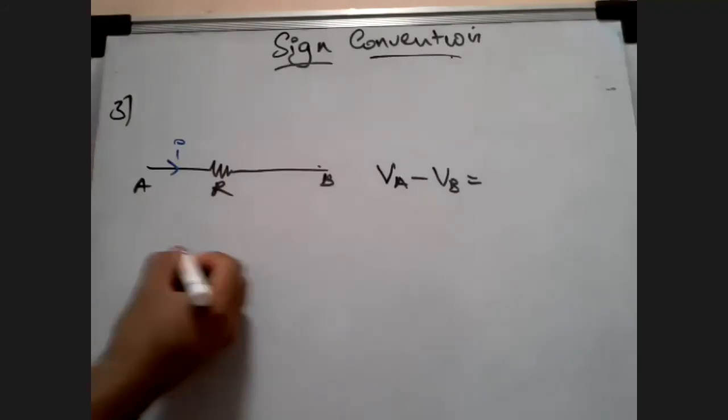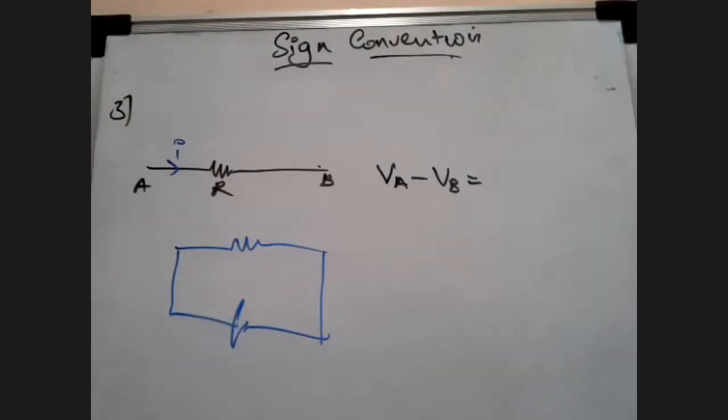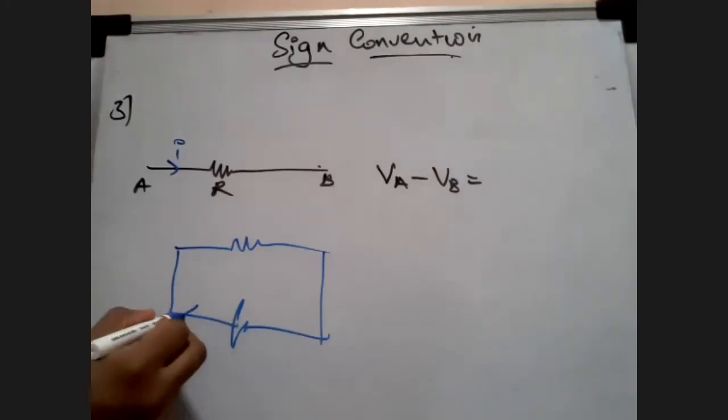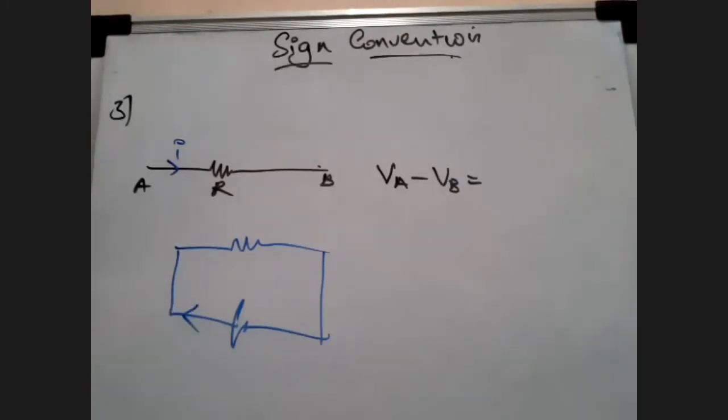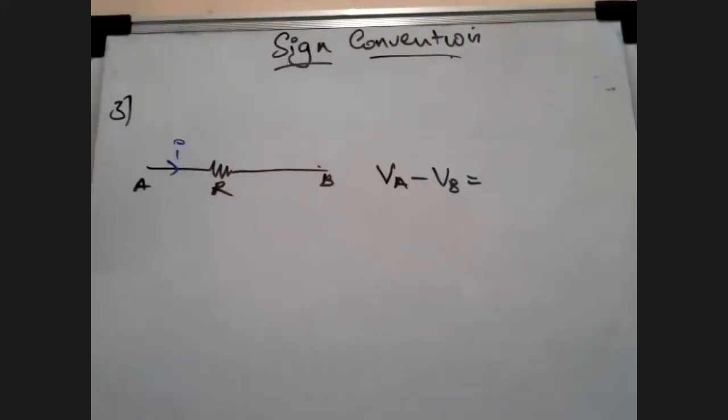If I give you any circuit, you can consider the direction of current to be like this or like this. That is left to you. But always remember, whichever direction you take, the answer has to be the same, except for the sign.